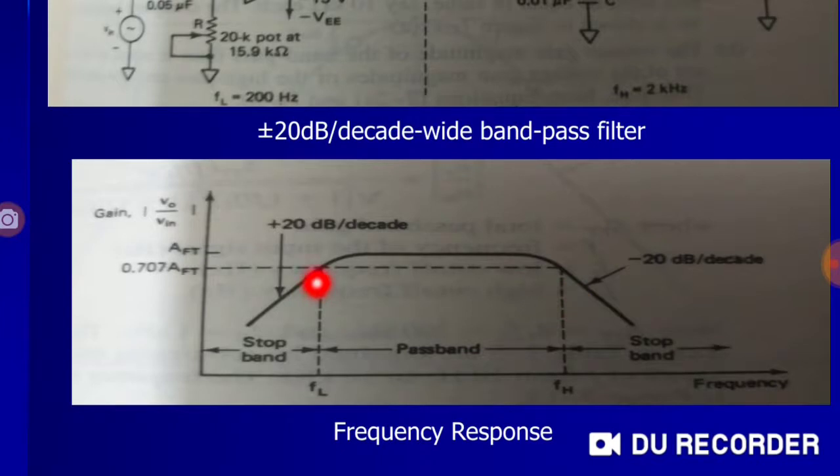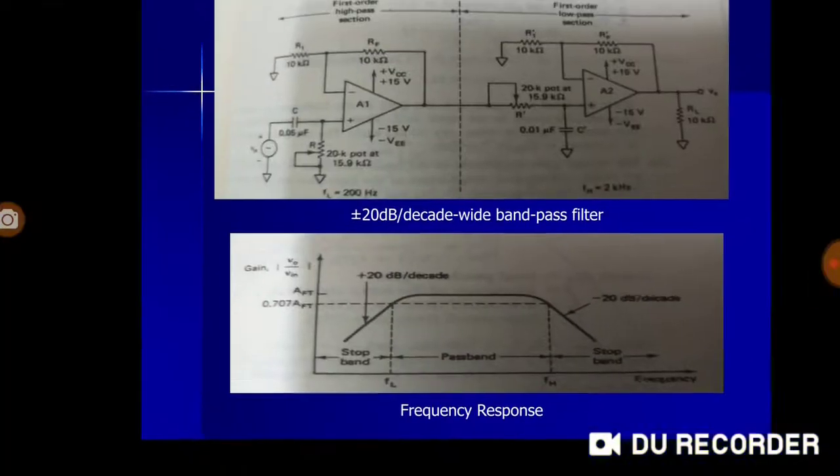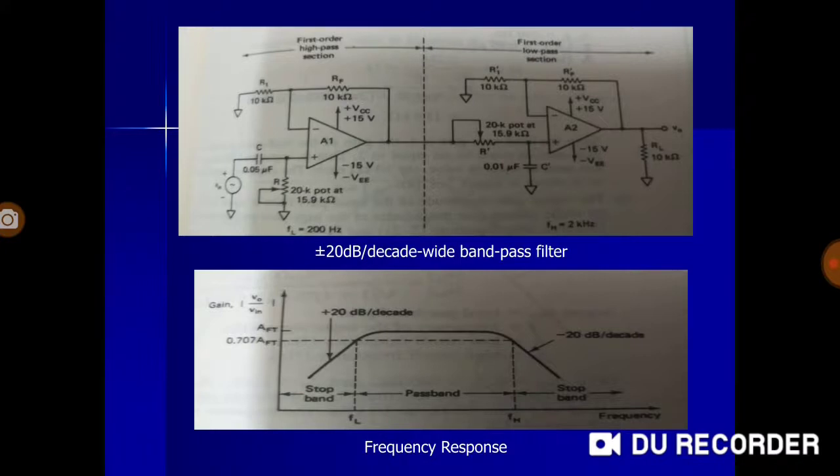And in the range of frequencies FL to FH, this is the point where it attains 0.707 of AFT, that is the effective total passband gain. So it is this, and again 0.707 of AFT. So this is FH. This is why FH minus FL is the 3 dB bandwidth. Okay, so this is all about the wide band pass filter.